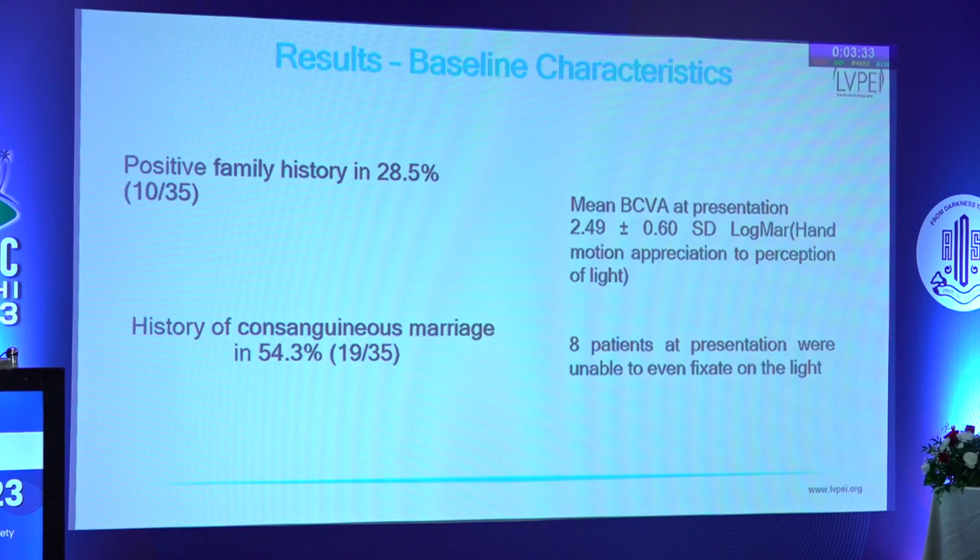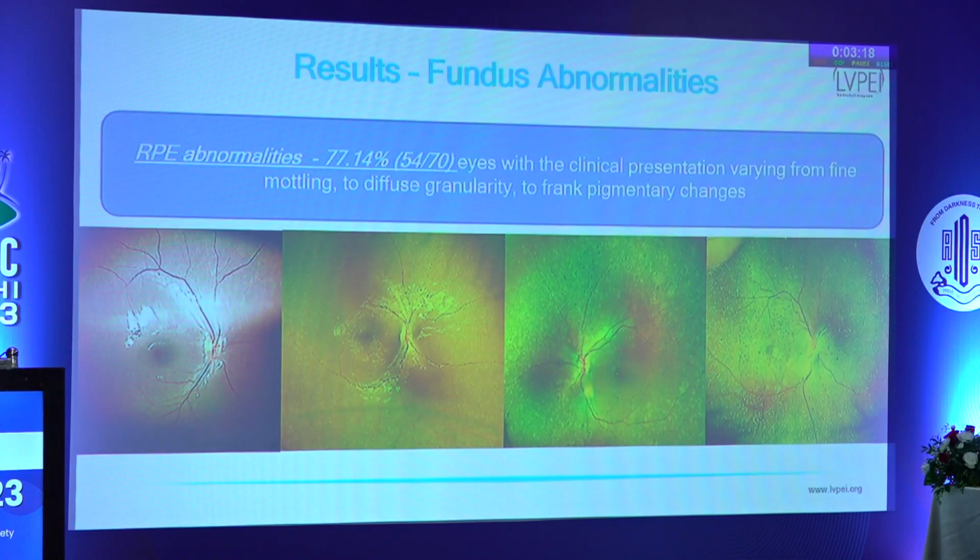The mean BCVA at presentation was very low, which if we convert to a regular OPD basis, was just hand motion appreciation to perception of light. 8 patients at presentation were unable to even fixate on light, and this was the complaint brought by the parents. In the fundus, RP abnormalities were the major change seen. I have put 4 images.